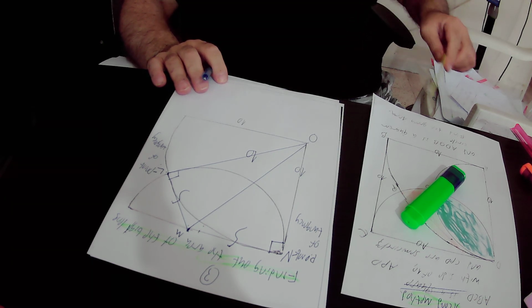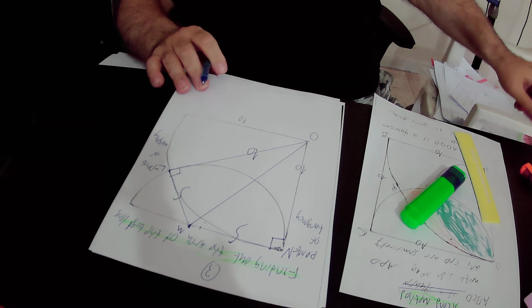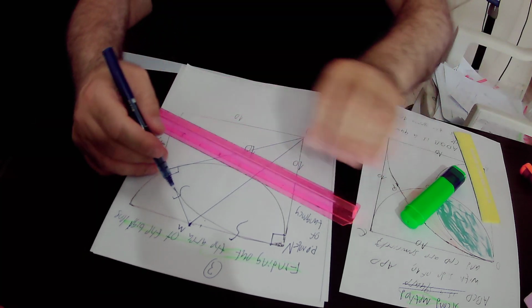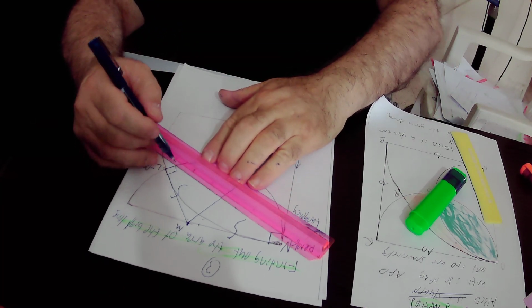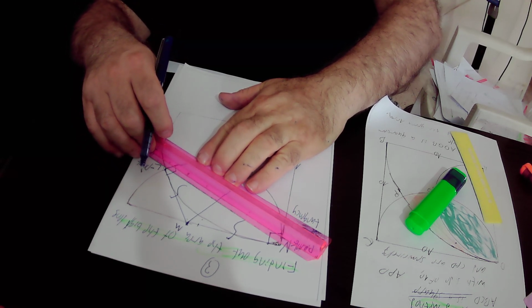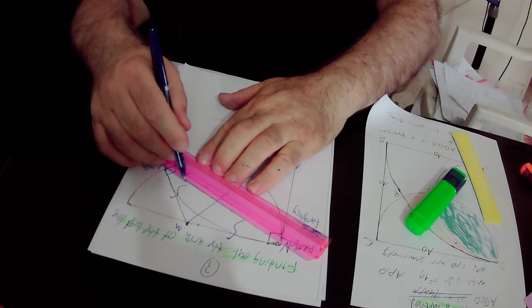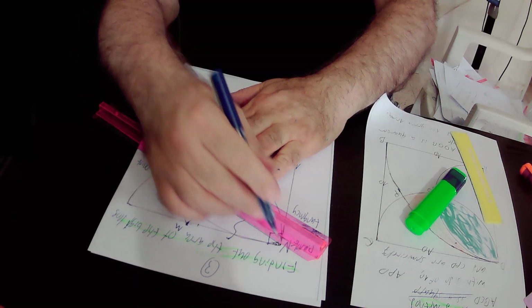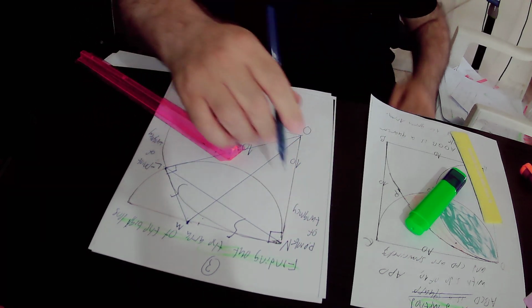In the next step, we join points N and L together by a straight line. By joining points N and L together by a straight line, we actually divided the big lens into two parts.